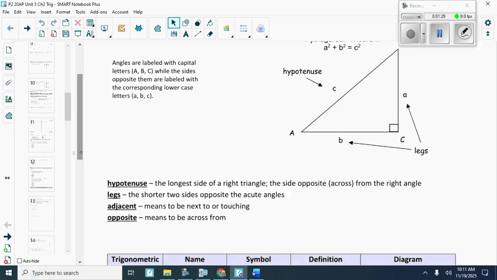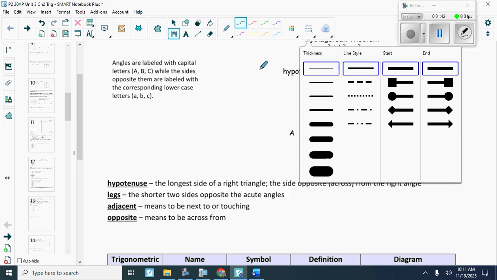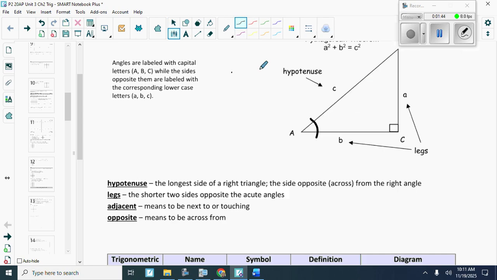Now remember that when you're labeling your right triangle and you're labeling for your opposite and your adjacent, it really depends on what angle you're looking at. So for example, if I'm looking at angle A, then my opposite is going to be side a, and my adjacent, the one that's touching, is going to be side b.